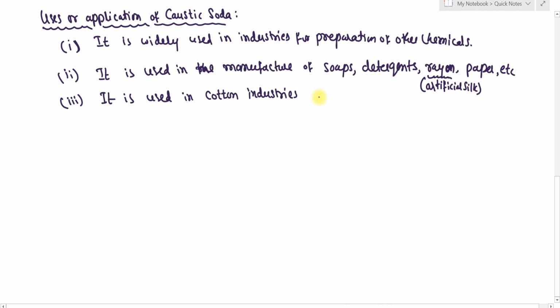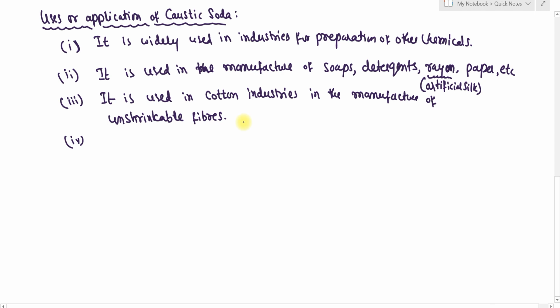So what is the meaning of unshrinkable fibers? When any fiber is dipped in water, it will not shrink or lose its size. That is called unshrinkable fibers.